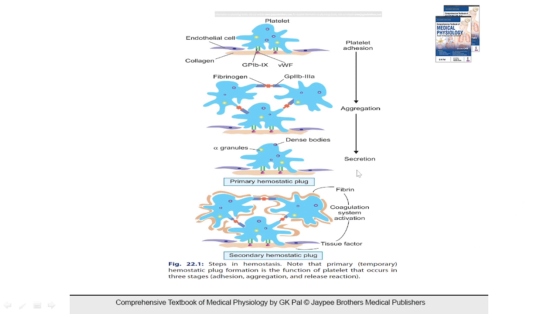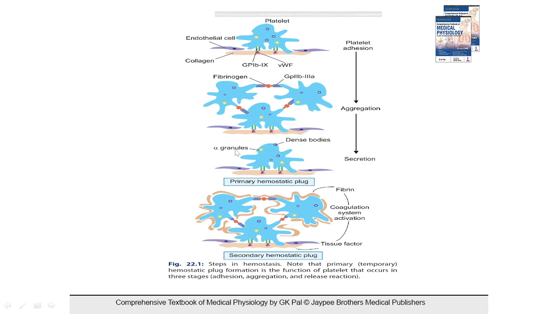See, this is the endothelial cell, this is the blood vessel, and there is damage to the blood vessel. The inner wall of the blood vessel is lined with collagen, and the very inner wall is lined with endothelium. Whenever there is an exposure, there is von Willebrand factor, and all the platelets come and aggregate near the injured blood vessel.